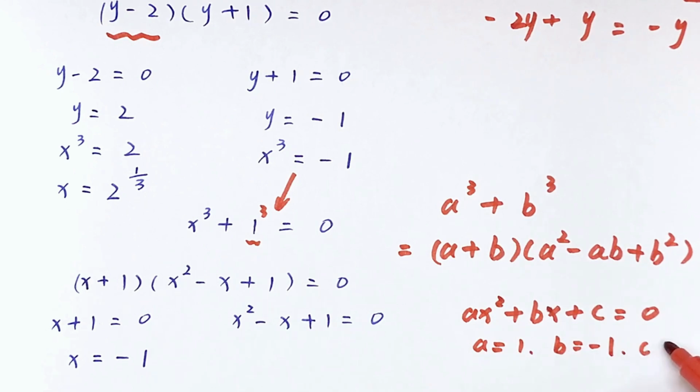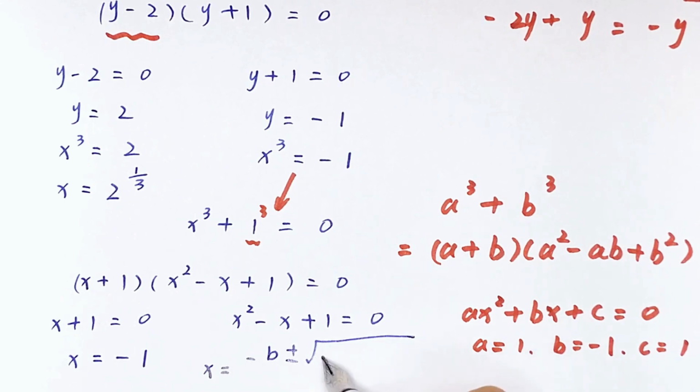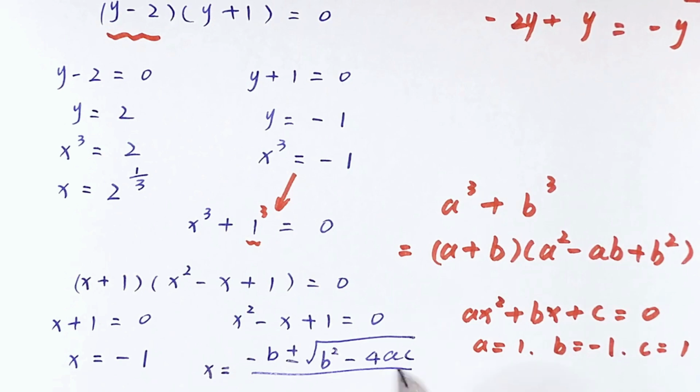And c is 1. Now, to find the value of x from our formula, x is equal to -b plus or minus square root of b squared minus 4ac over 2 times a.